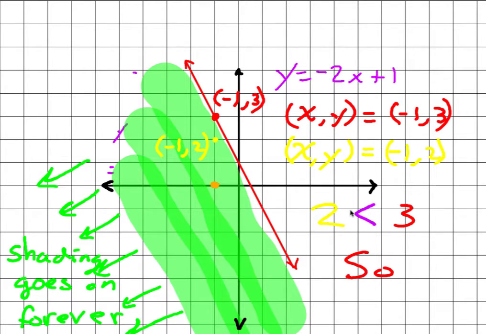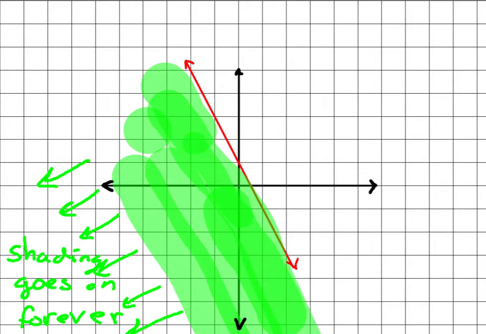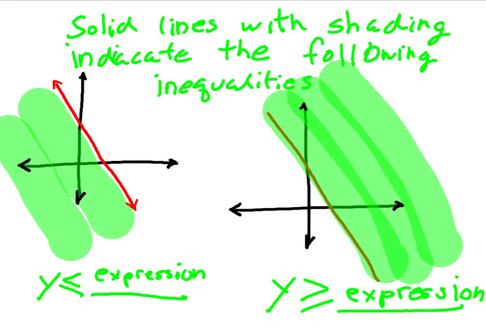So in this case, y is less than or equal to -2x plus 1. So the green shaded area is all the ordered pairs that have a y value of less than -2x plus 1. Now remember, the shading goes on forever, and solid lines with shading indicate the following inequalities.